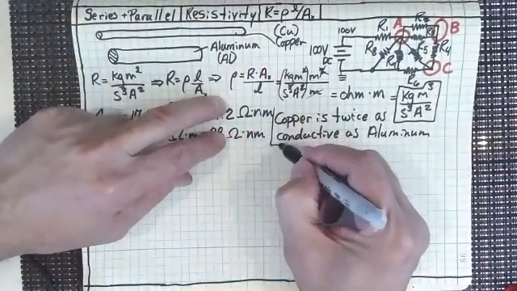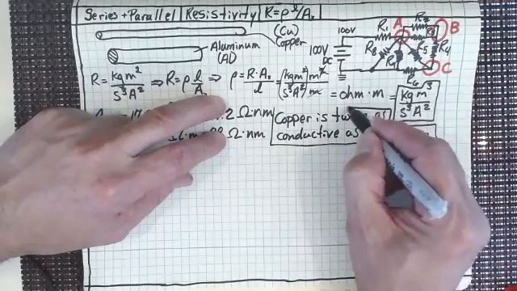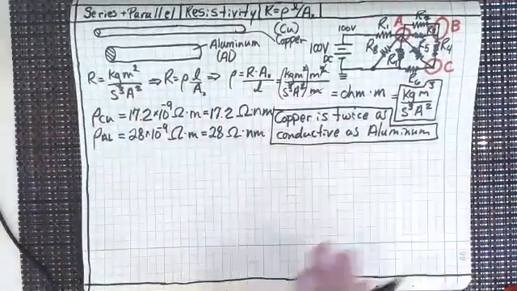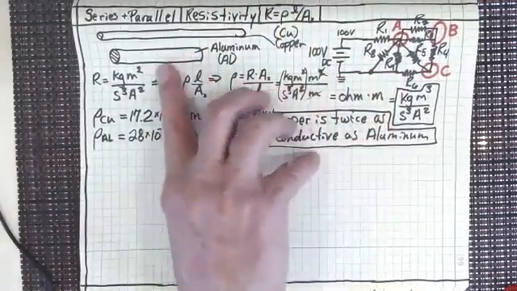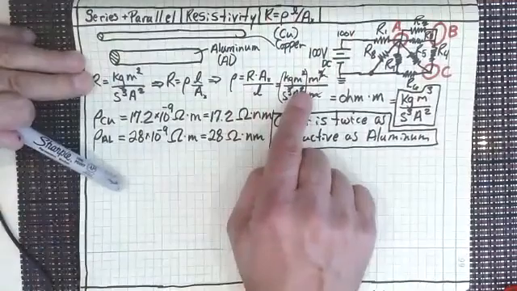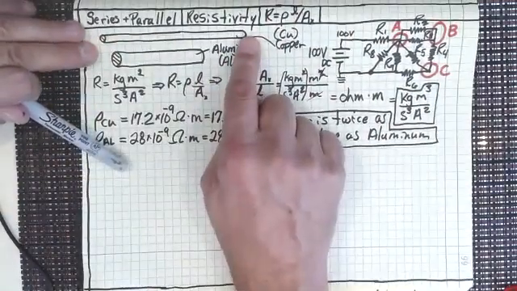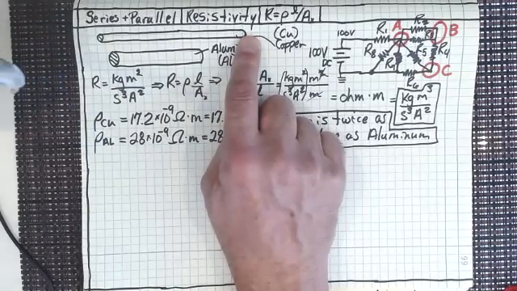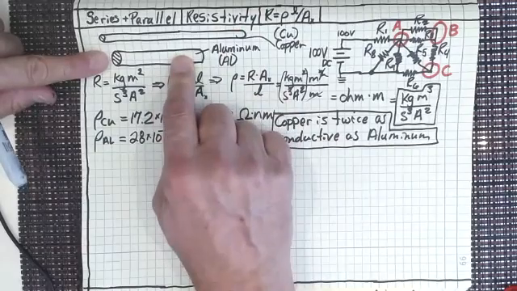All right, so always remember that. And now what I want to look at is what's the difference in these two things. Let's say that we wanted to have something that had the same resistance, and I'm using copper and I'm using aluminum, right?